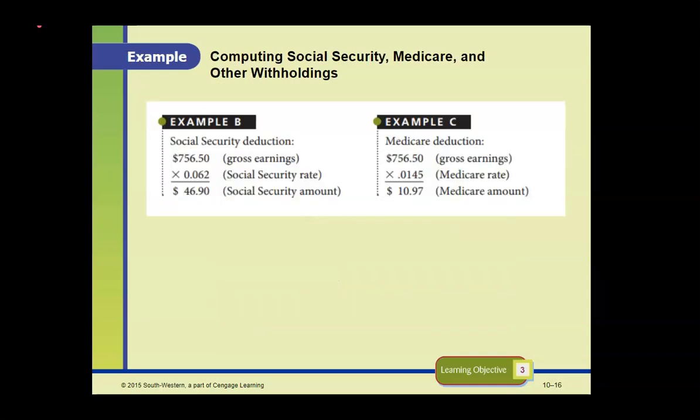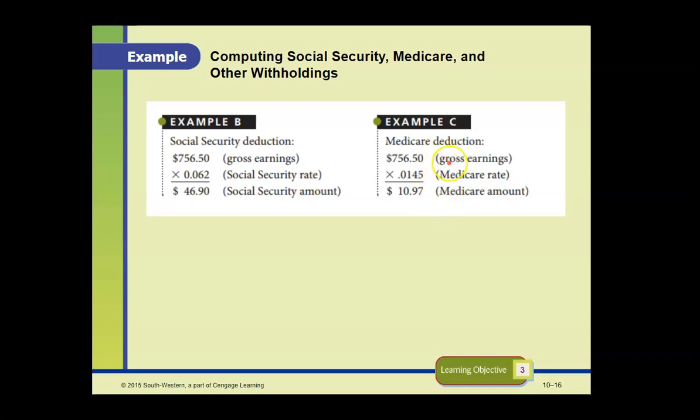And so in this example slide, we have how Social Security is calculated. If you recall, Kyle's gross earnings was $756.50. Multiplying that by 6.2% for the Social Security, that tells me that $46.90 is going to be deducted from his paycheck for Social Security. And then for Medicare, we're taking his gross earnings and multiplying that by 1.45%.